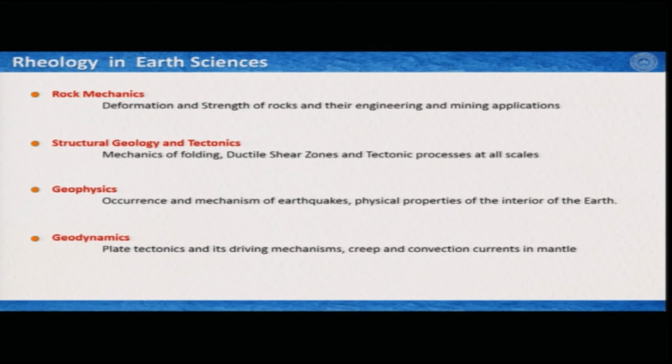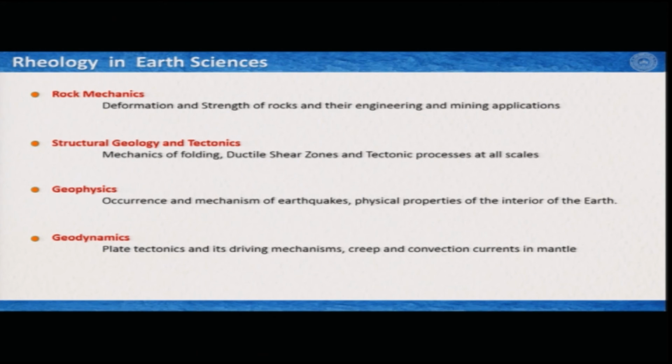I must say, which was written in the previous slide, that the typical study of rock mechanics is not included under the broader umbrella of rheology, but sometimes it is included, particularly the strength of the rocks at slightly elevated pressure and temperatures for their engineering and mining applications. Structural geology and tectonics, essentially we use rheology particularly to understand better the mechanics of folding, ductile shear zones, and various tectonic processes at different scales.